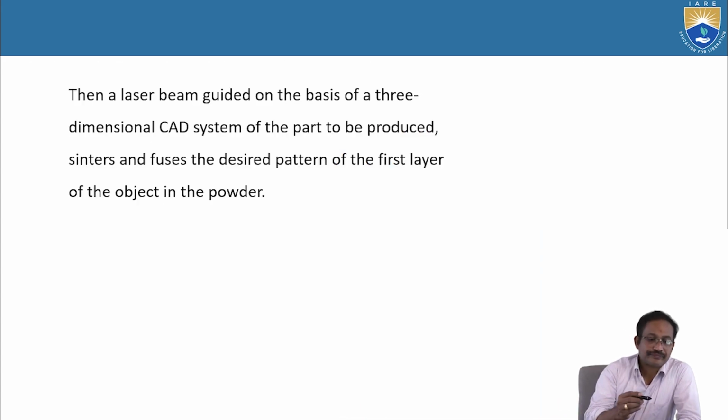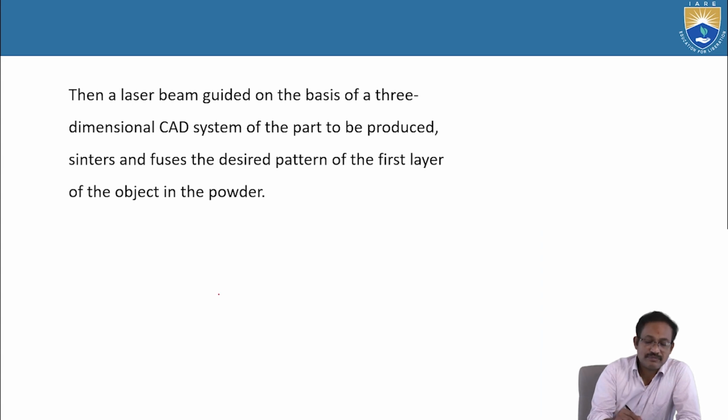A laser beam guided on the basis of a three-dimensional CAD system of the part to be produced sinters and fuses the desired pattern of the first layer of the object in the powder. That's what we have discussed.